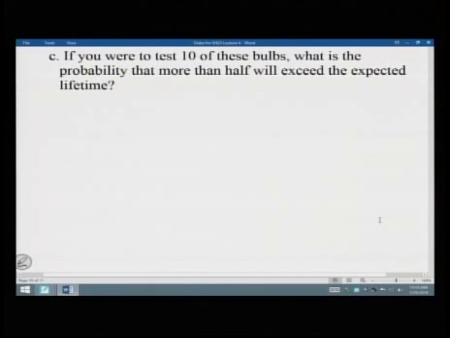If you were to test 10 of these bulbs, what is the probability that more than half will exceed the expected lifetime? Which distribution do we need to use to answer this question?